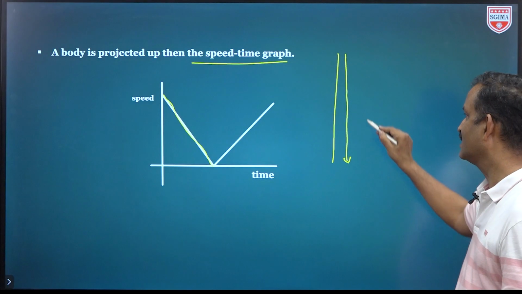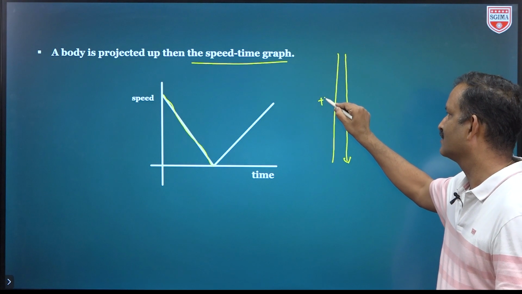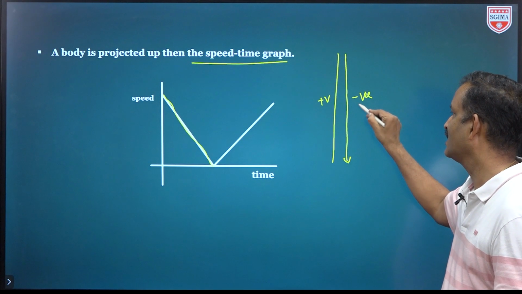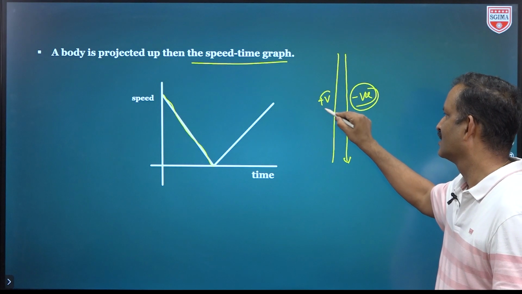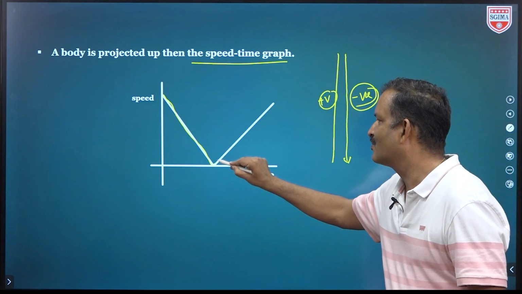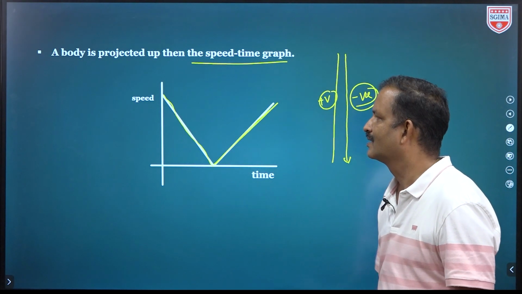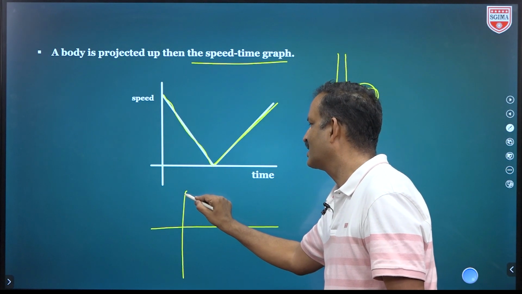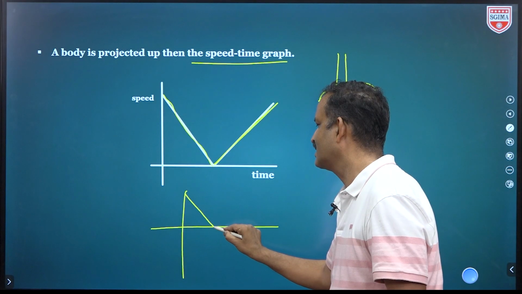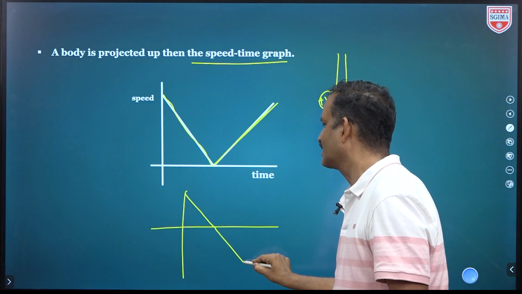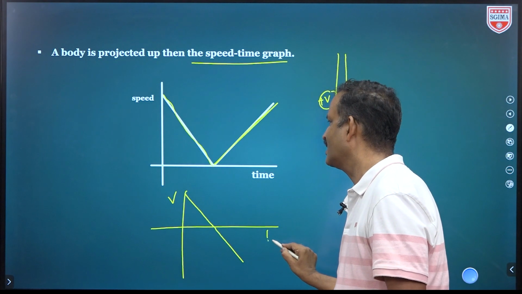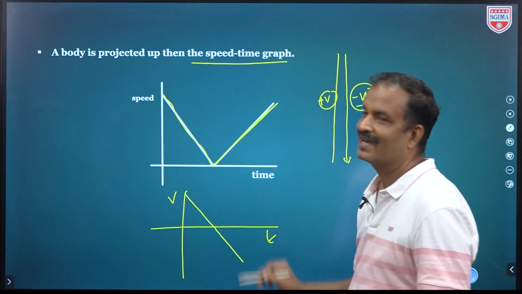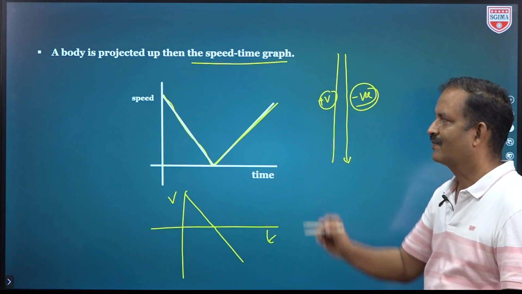Velocity here is positive, here velocity is negative, but speed is always positive. Speed is increasing, positive. Suppose the corresponding velocity time graph is drawn: velocity decreasing, here negative velocity. The velocity time graph is in this way, but speed is never negative. That's why the speed time graph is in this way.